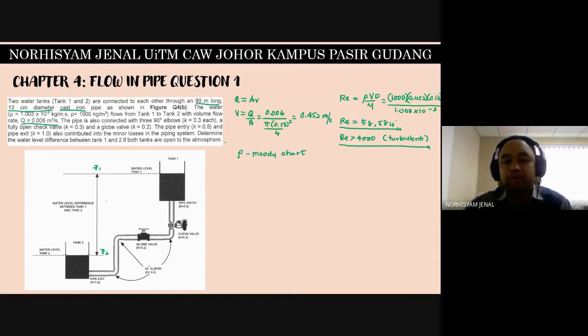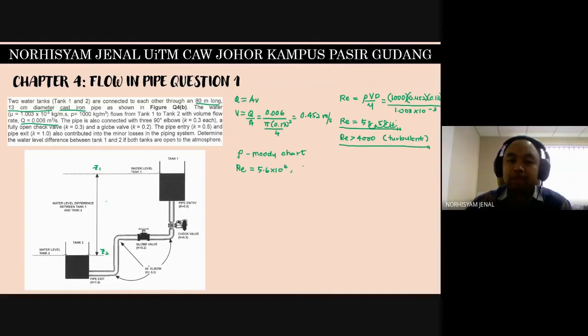To prepare ourselves to use the Moody Chart, first we need to have Re in terms of 5.6 times 10 to the power of 4.